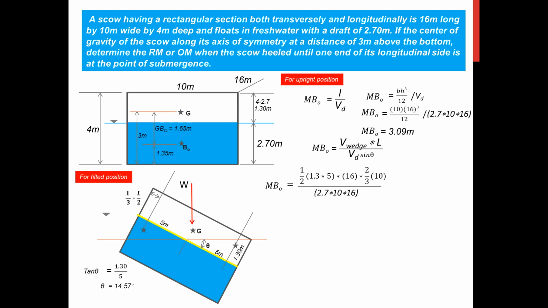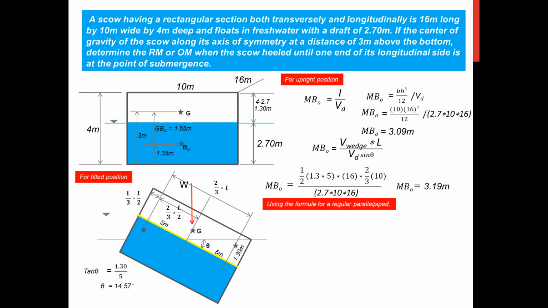And the remaining portion here, if that is 1/3, therefore this is 2/3 of L over 2. So if we multiply 2/3 of L over 2 times 2, that is 2/3 of L. So we can now have MBO to be equal to 3.19 meters.